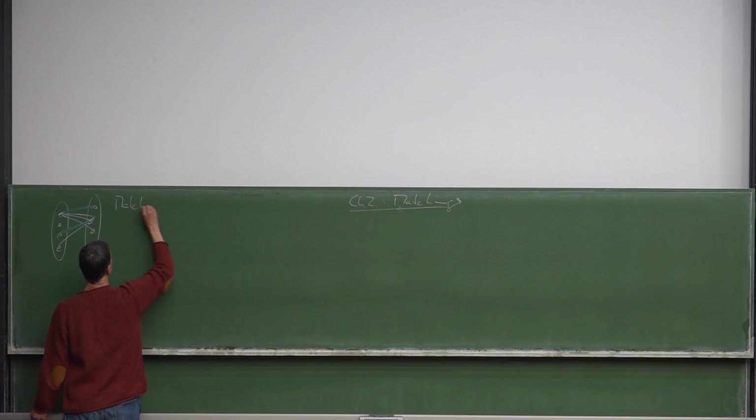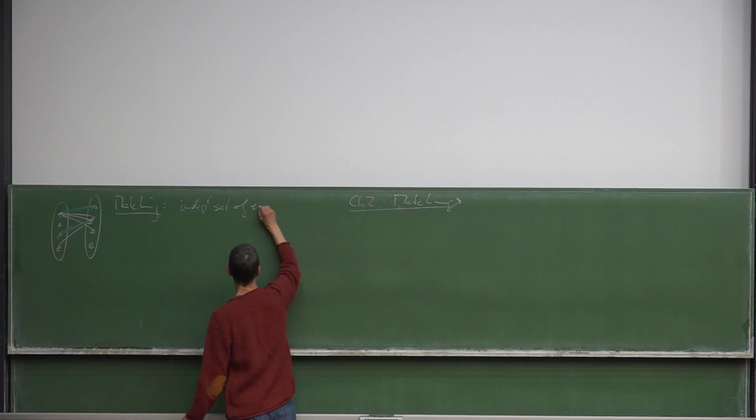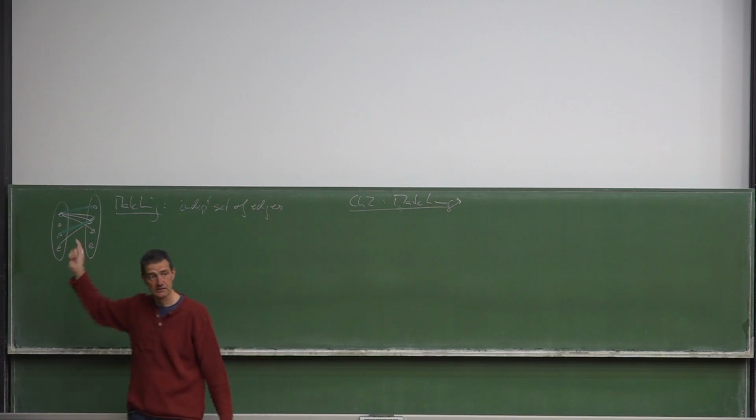And so a matching is any independent set of edges in a graph. So, as in modern times, the graph doesn't have to be bipartite.